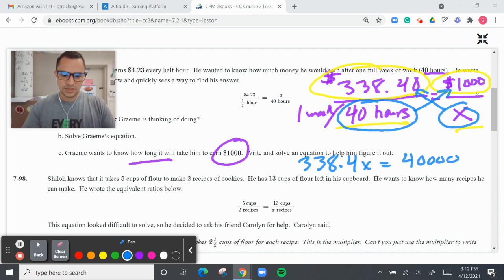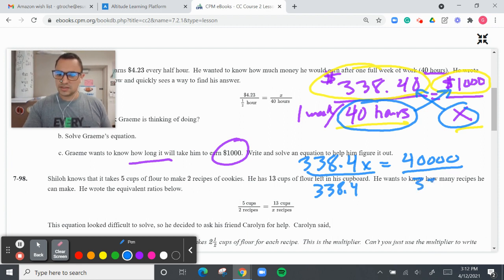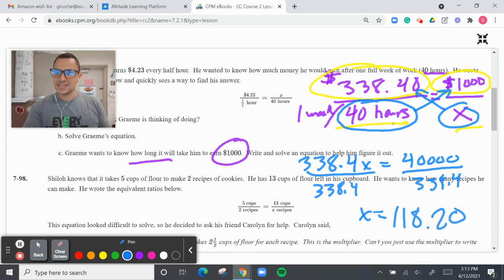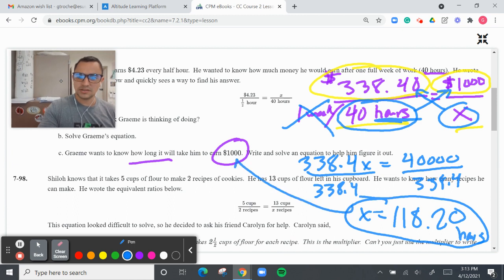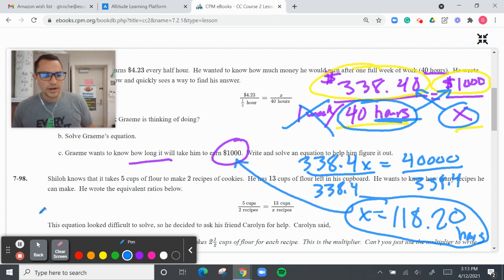So 40,000 divided by 338.4 is going to equal, again, I don't try to make these numbers big on the test, X will equal 118.20. And this is hours because we used hours, not weeks. So 118.2 hours to make $1,000. Okay, I hope that's clear.